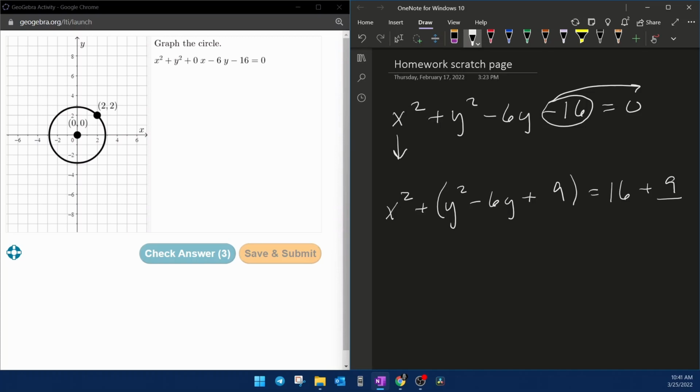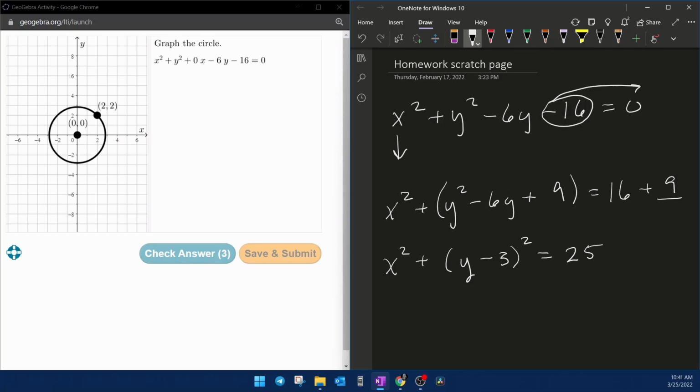So our new trinomial here for the y squared, if you recall, completing the square gives us a perfect square trinomial. So that would factor as, in this case, (y minus 3) quantity squared. On the other side, 16 and 9 gives us a 25.